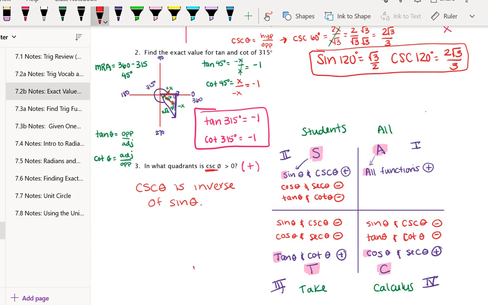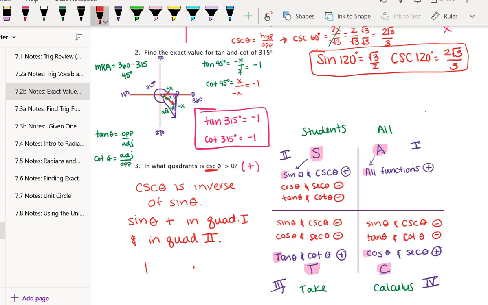Sine theta is positive in quadrant 1 and in quadrant 2, which means that cosecant is also positive in quadrant 1 and 2.